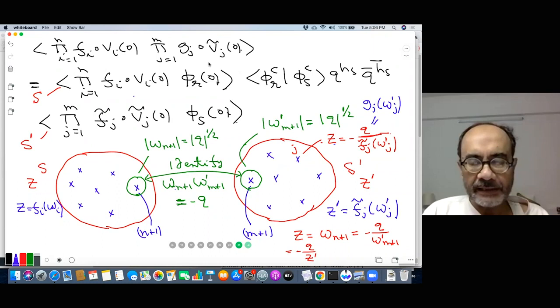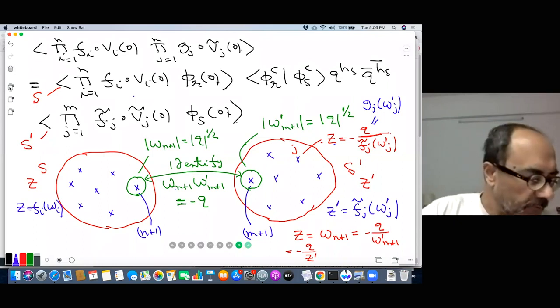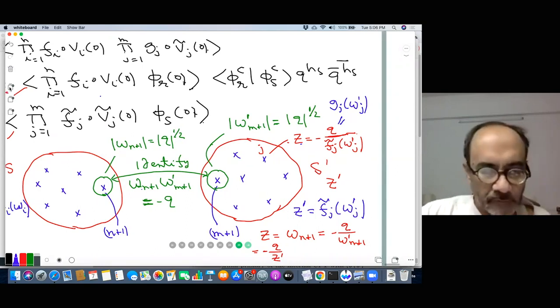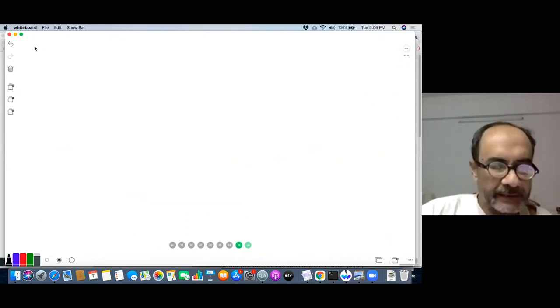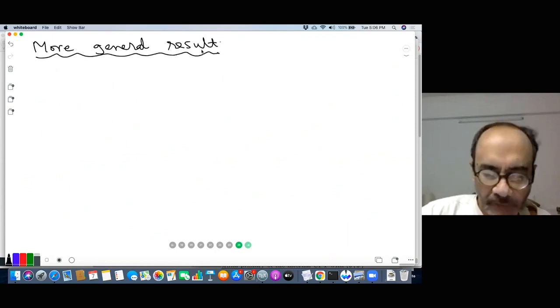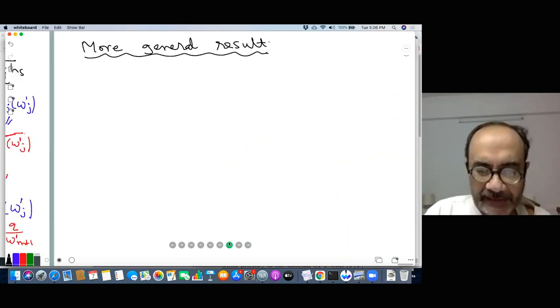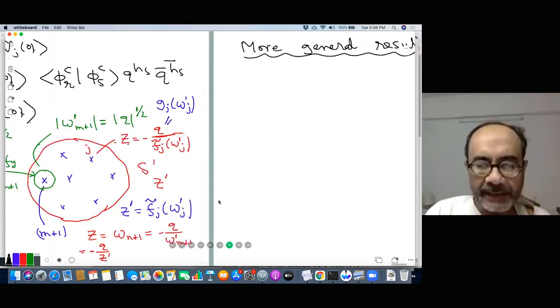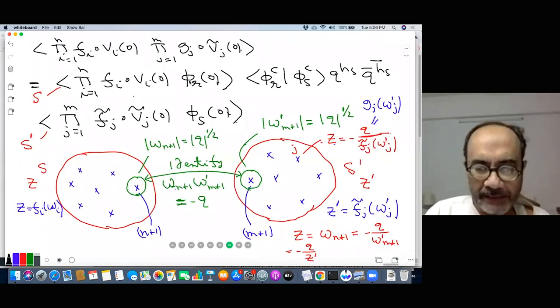If this is clear, if there are no questions, I'm going to write down now a generalization of this relation. The generalization at this stage will be to relax the constraint that the local coordinates here are identities.